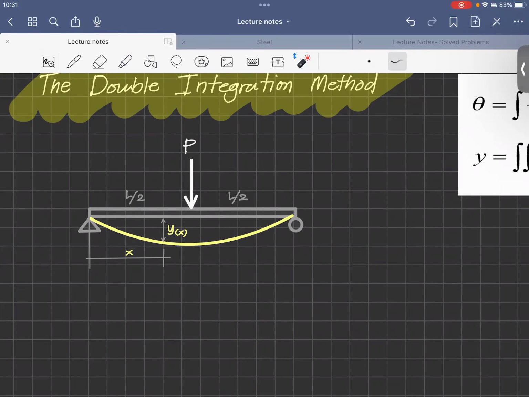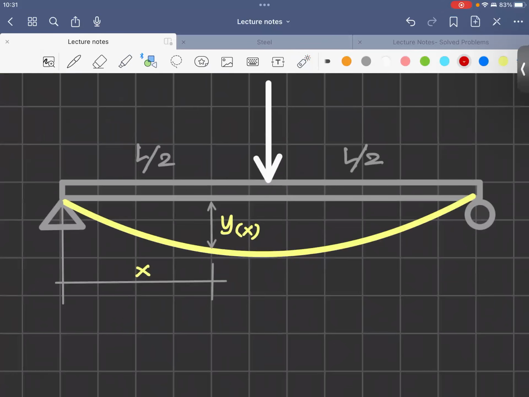Let's start by drawing a tangent line at point y.